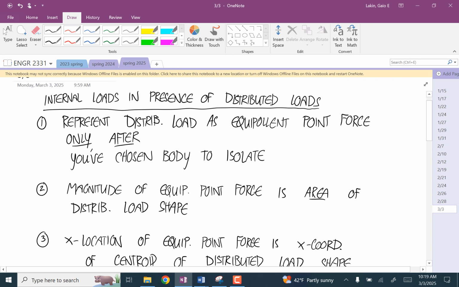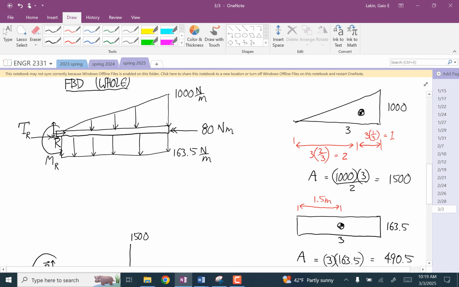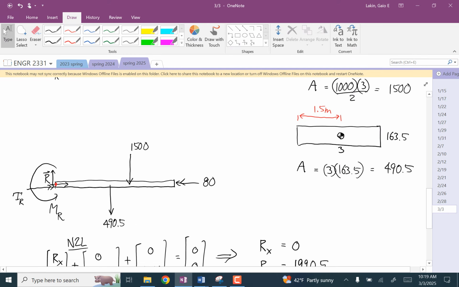at the start, I gave you these rules for thinking about internal loads with distributed loads. And the first one I said is only represent the distributed load as an equivalent point force once you've chosen the body to isolate. So if you look at this free body diagram and think of these as real forces, and now you go to the cuts and treat these as the locations of those forces, everything's going to be wrong.